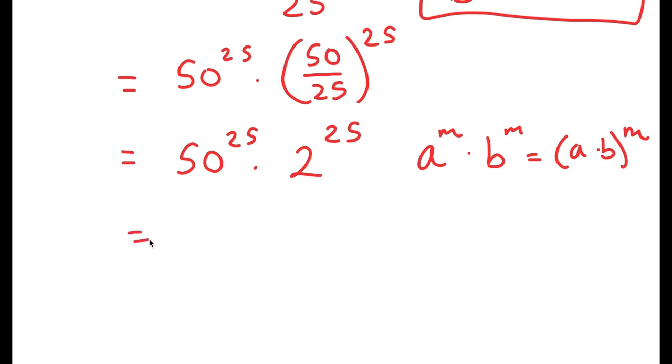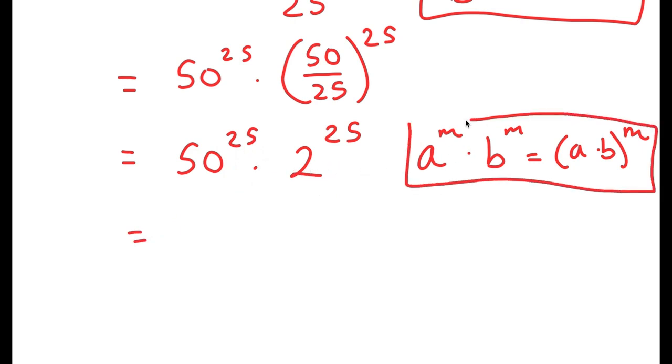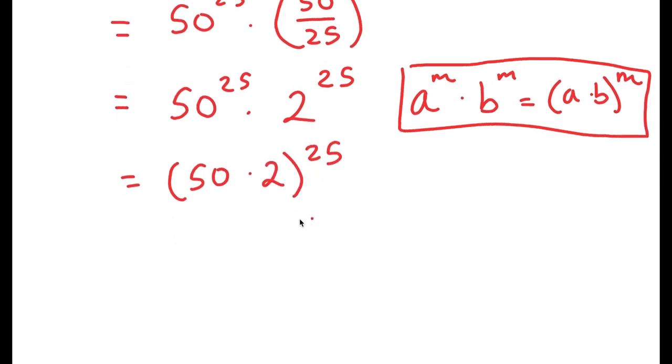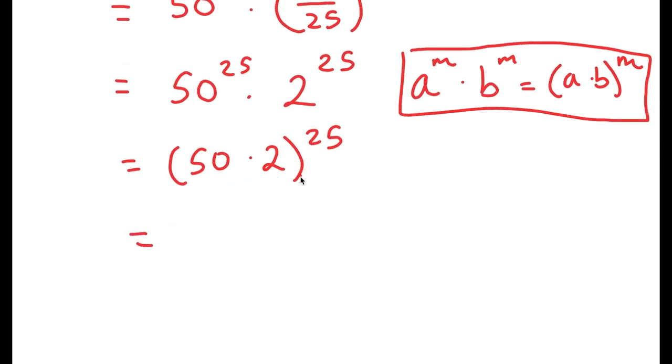So in this case, I have 50 to the power of 25 times 2 to the power of 25. And this can be rewritten as 50 times 2 to the power of 25. Now 50 times 2 is 100. So I get 100 to the power of 25.